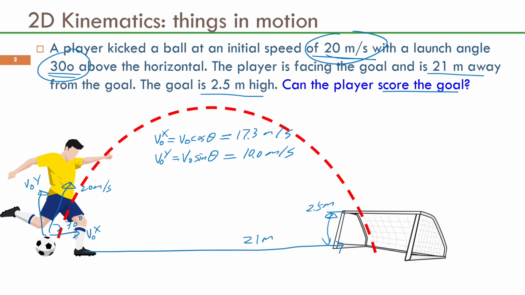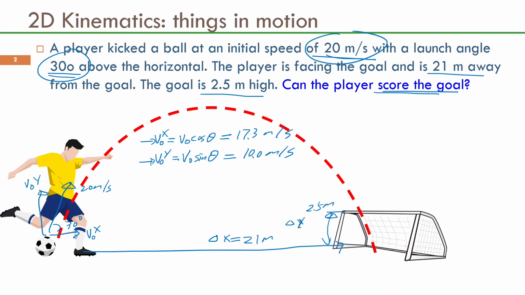Alright, now we know the initial horizontal velocity and the initial vertical velocity. So how do we actually prove if the player can score the goal? The key to solving this question is to assume the player can score the goal. Then the ball needs to satisfy this horizontal displacement, but also the vertical displacement.